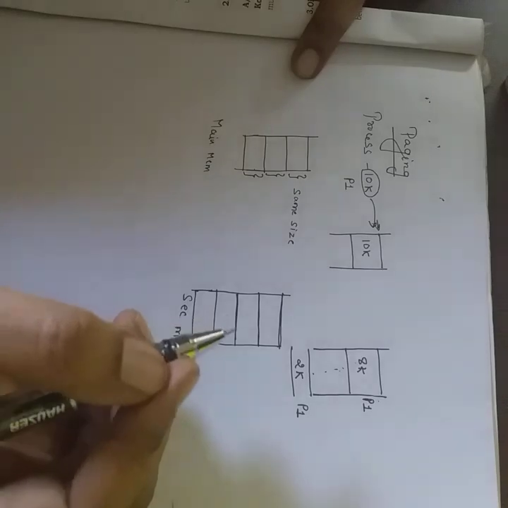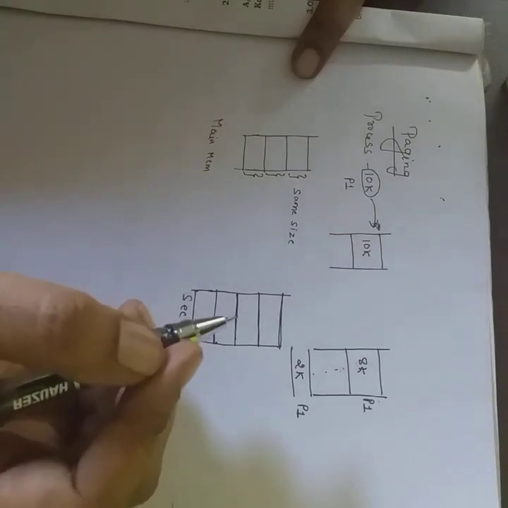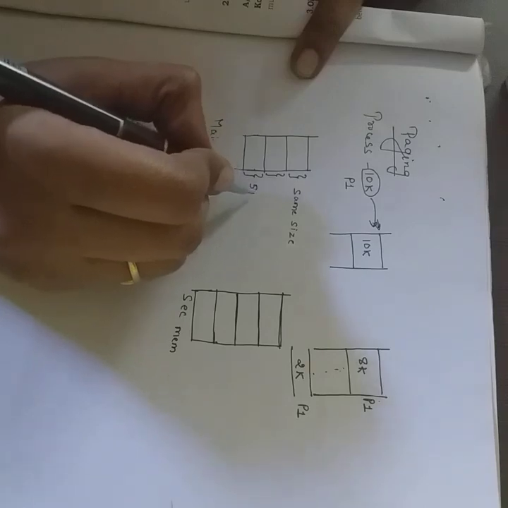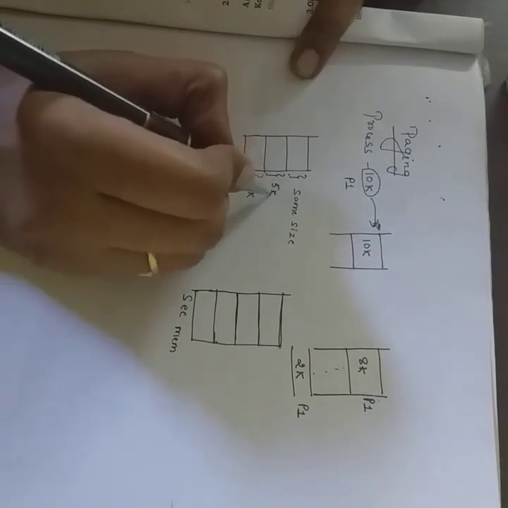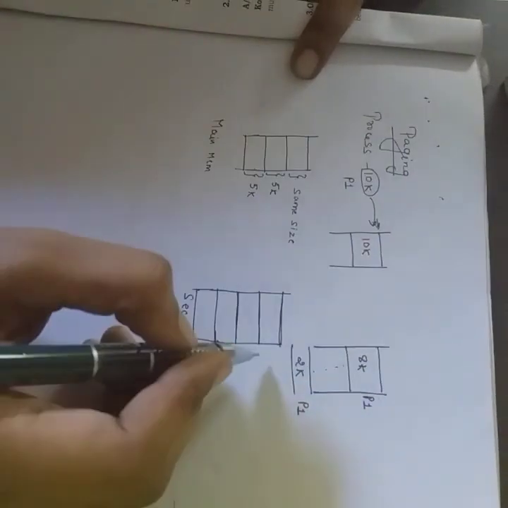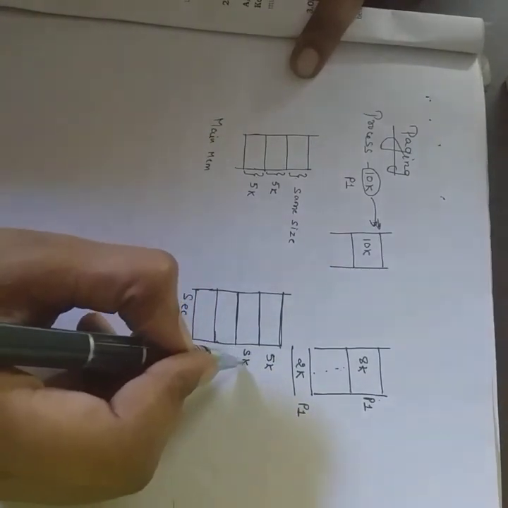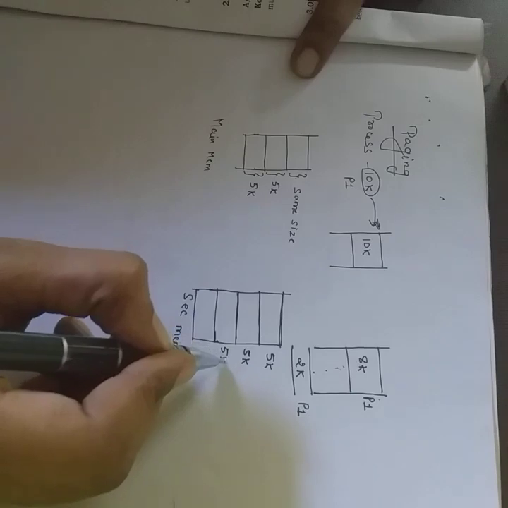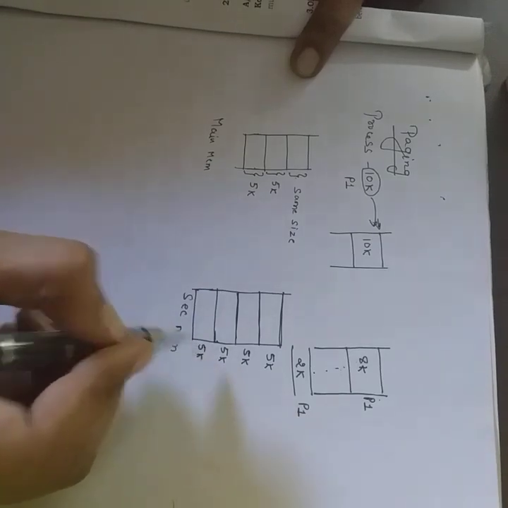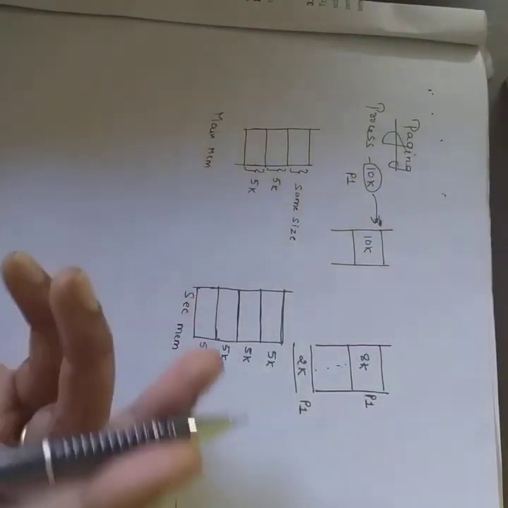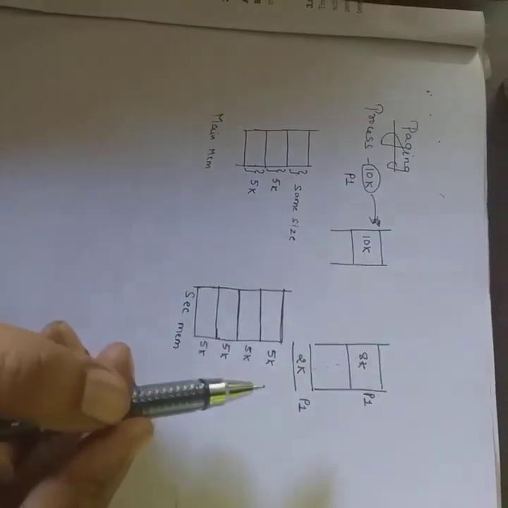Now these are fixed size blocks. If this is 5k, this one is also 5k and this one is also 5k. Even in secondary memory we should follow the same method. Everything should be 5k. In this example I have taken 5k, that may differ, maybe 10k, 10 MB like that.